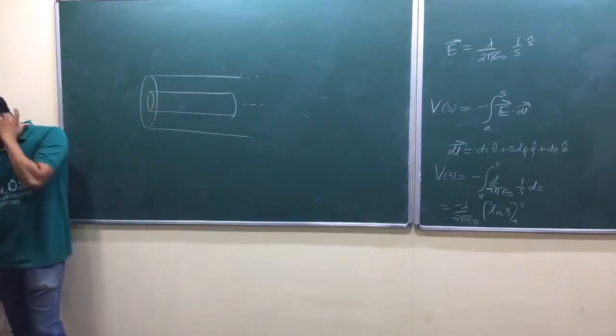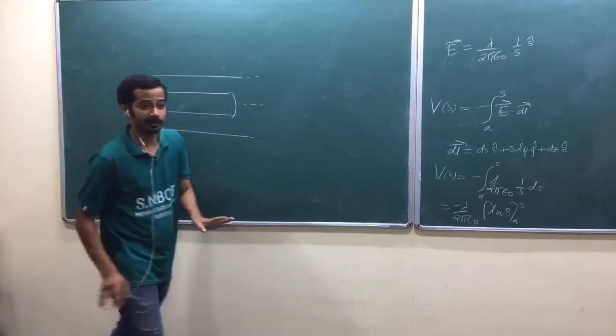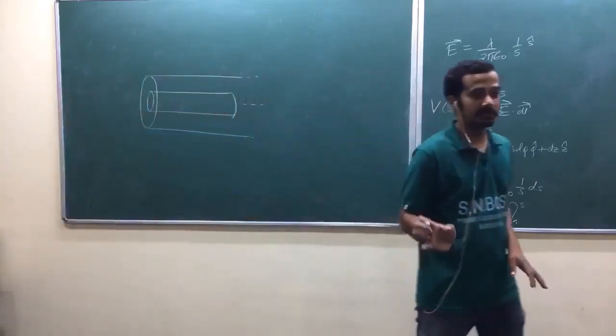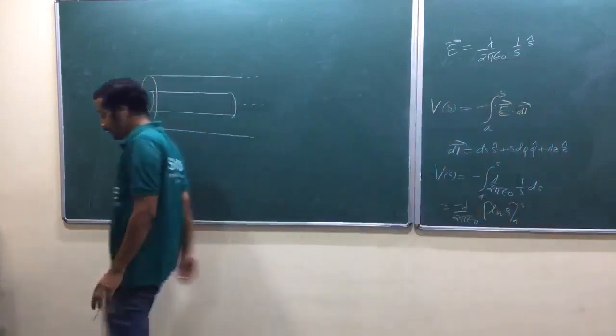Now, coaxial cable, again he hasn't said, sorry, it's a conductor. In a TV cable, it's a conductor. A conductor will have different properties, which we shall study later.